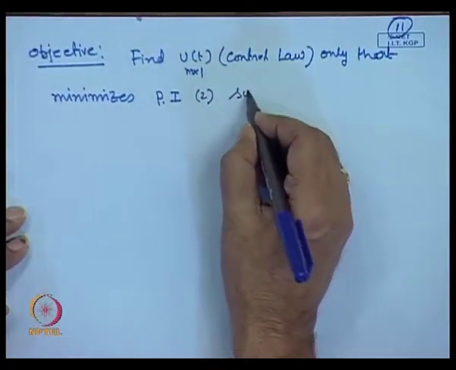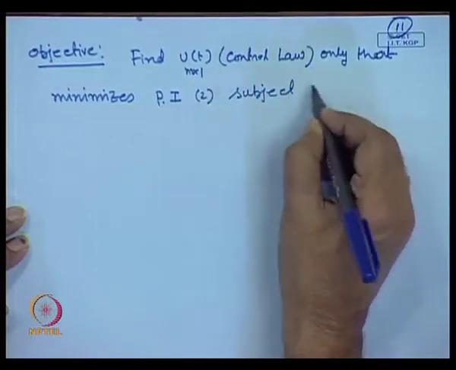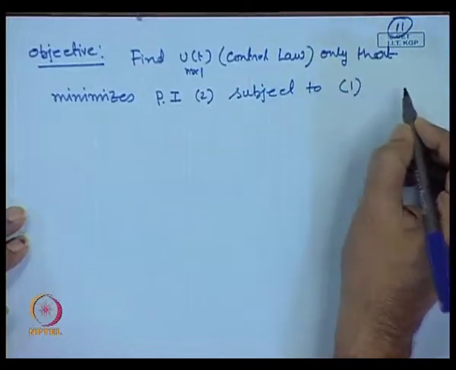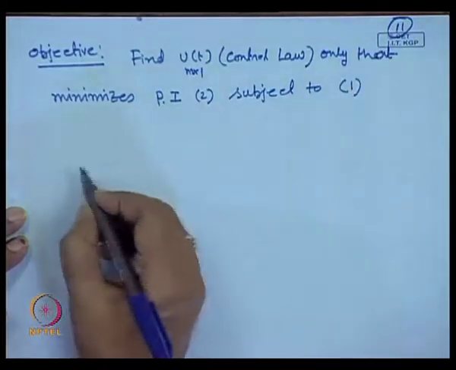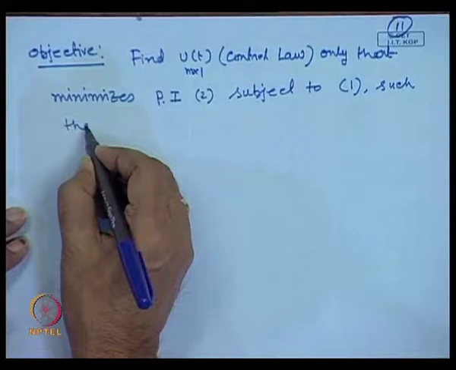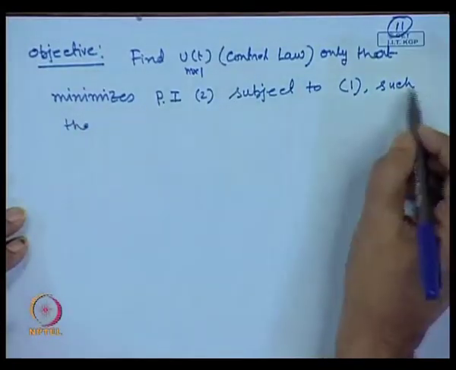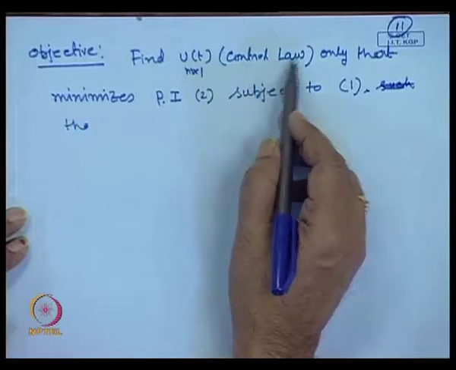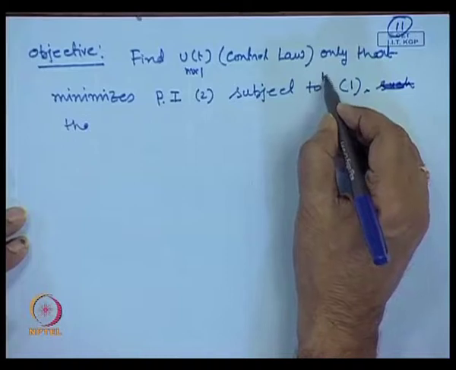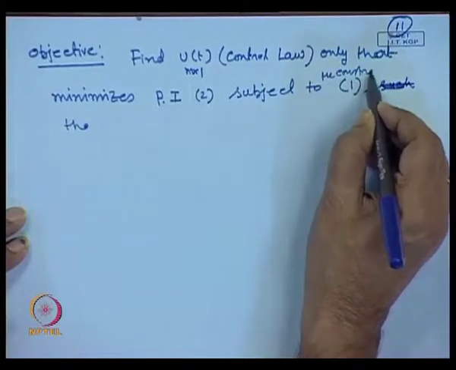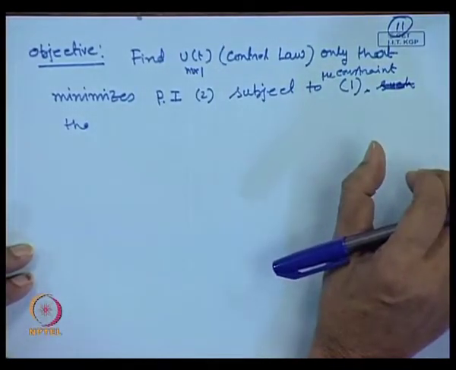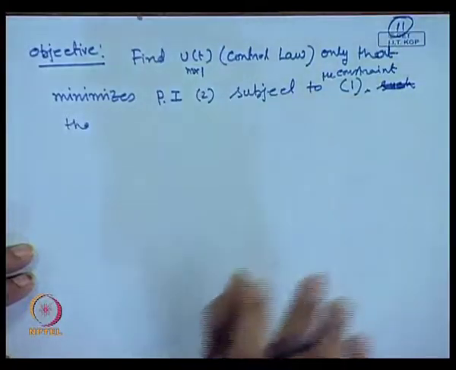subject to the plant dynamics, the system dynamics, equation 1. Our problem is to find u that minimizes the performance index subject to the constraint 1. That means whatever control input and x we generate must satisfy equation number 1.